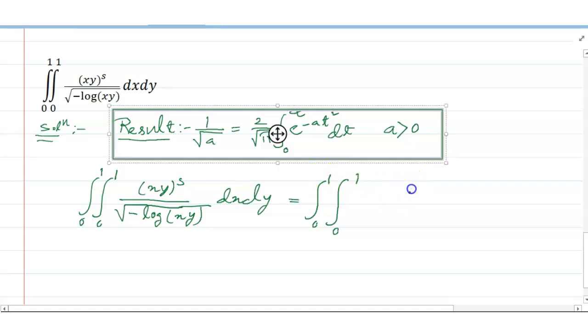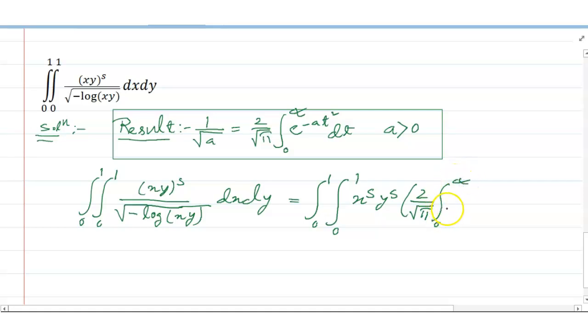I shall use this result, so x to the power s into y to the power s in here, and this can be written as 2 divided by root pi, 0 to infinity, e to the power minus a t square, where a is equal to root over minus log xy, friends.